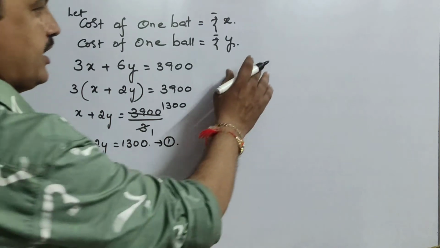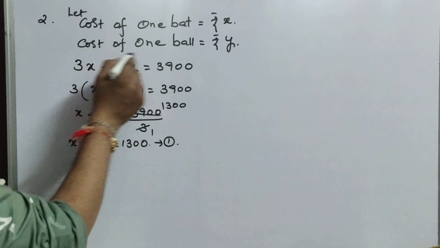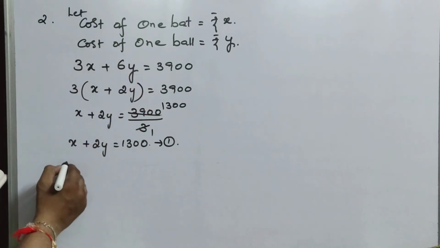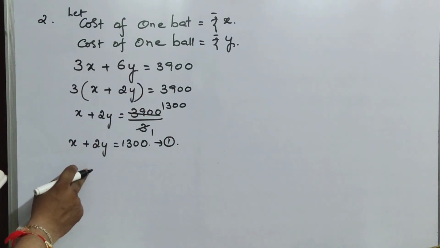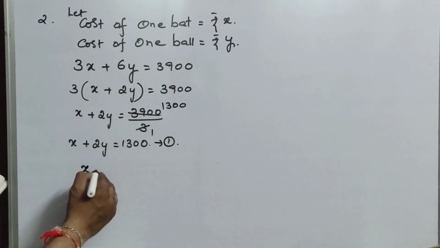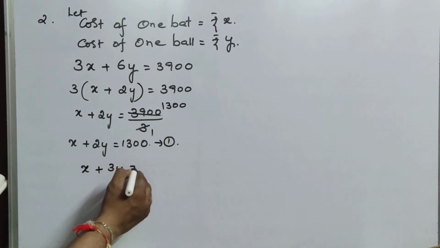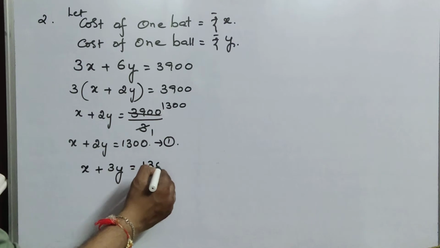Now coming to the second condition, children. This is according to the problem. Second condition: later she buys another bat, that means 1 bat he purchased and 3 more balls. So X plus 3Y equals, total together money is 1,300.